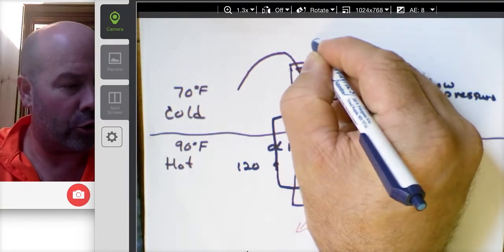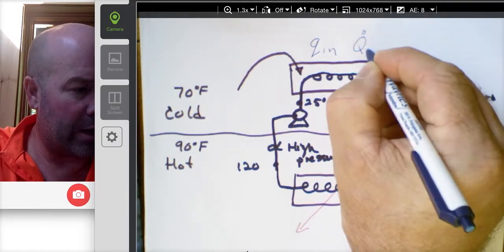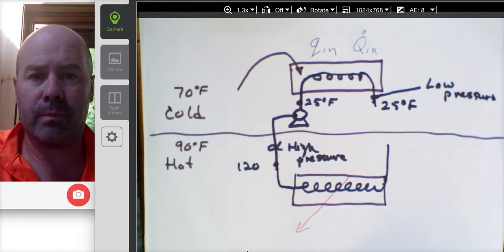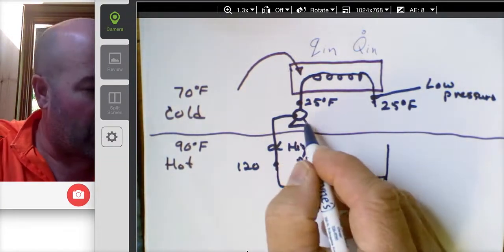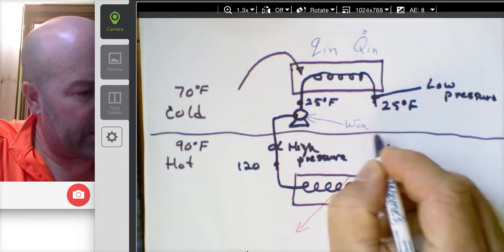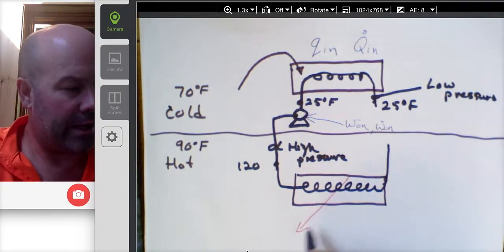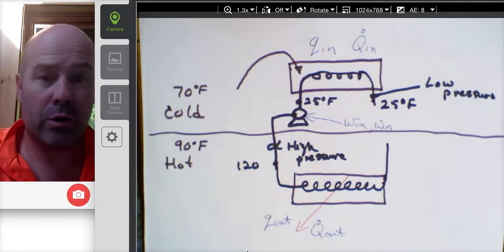So whether you use a little Q in or a Q dot in, there's heat coming into the fluid. And what does a compressor do? It does work on the fluid. Work on. And then we take heat out of the fluid. Rate of heat transfer out or specific heat transfer out.